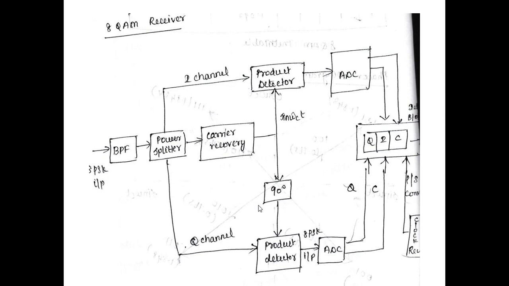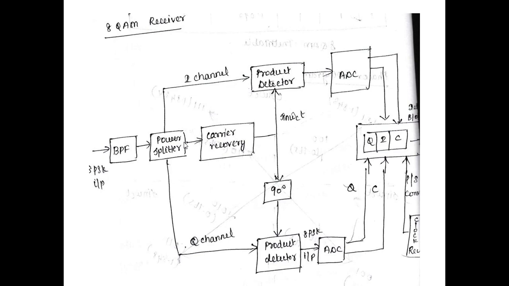And then we come to our QAM receiver. The input is coming from this side, the 8 QAM input. It goes to the band pass filter first, then the power splitter, which splits this signal in 2 parts, in-phase and quadrature phase. The carrier recovery is used to generate the same carrier frequency which is used at the transmitter side. Then the product detector multiplies the in-phase with sin omega ct and the quadrature phase with cos omega ct.